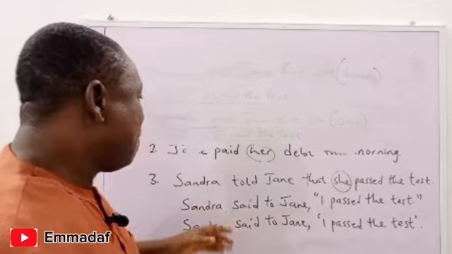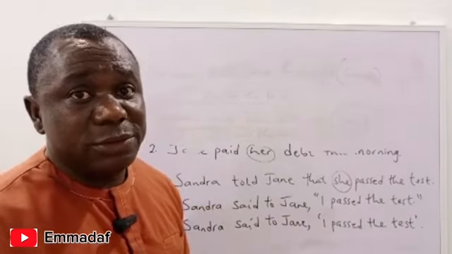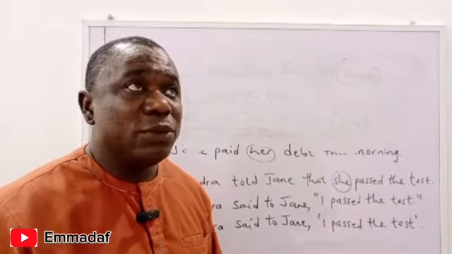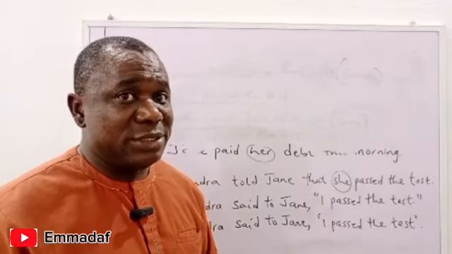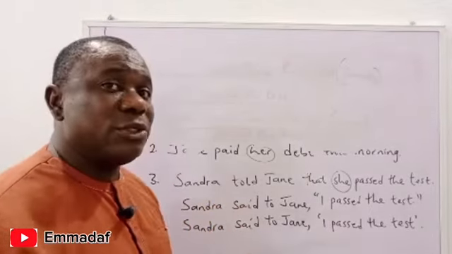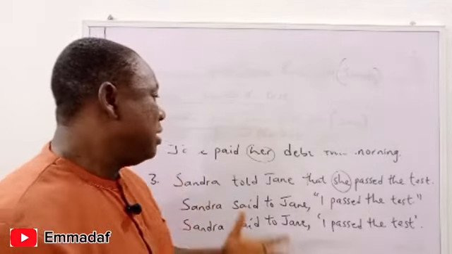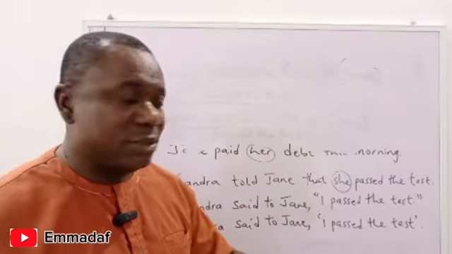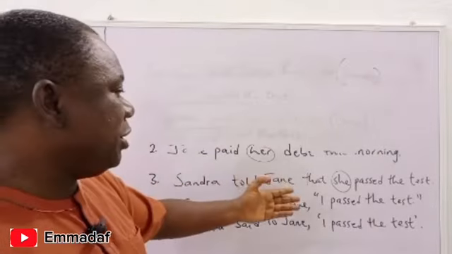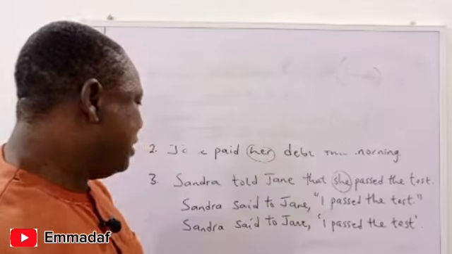In any case, this method is not applicable to all kinds of sentences. This method is applicable to sentences that are reported speech. Sandra told Jane that she passed the test.